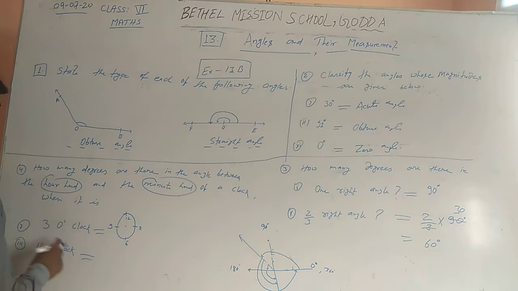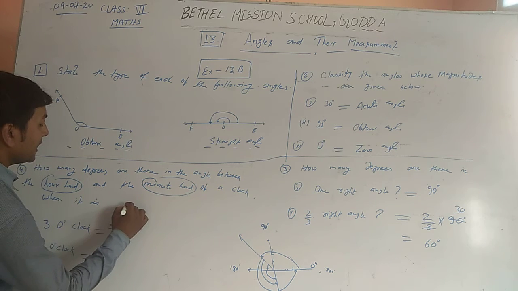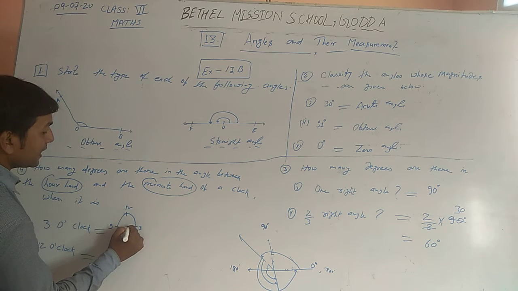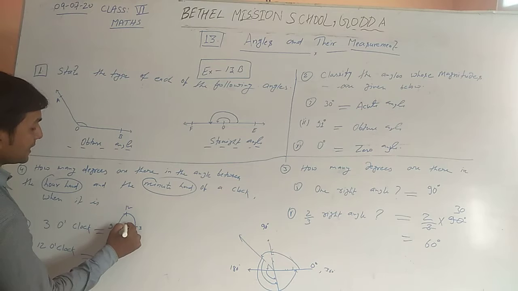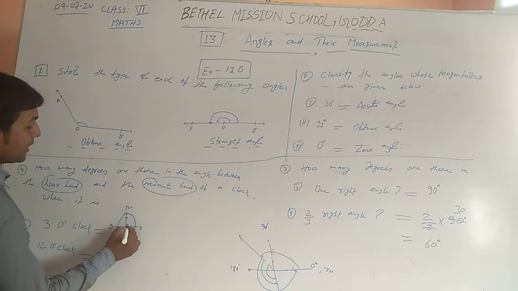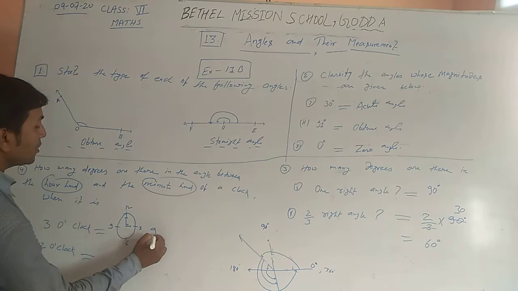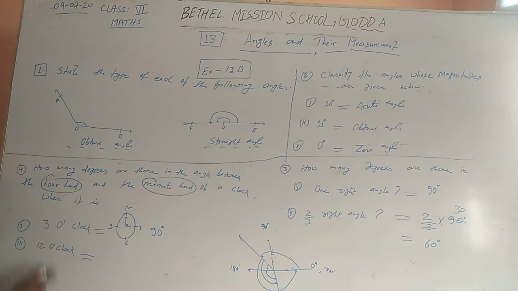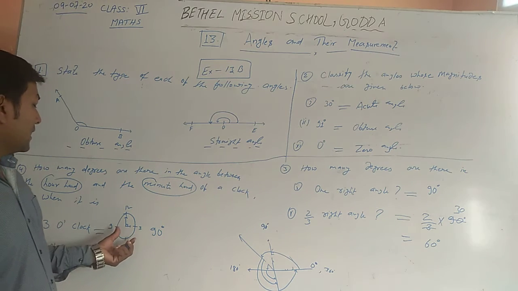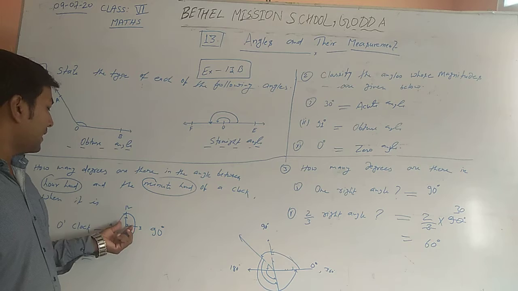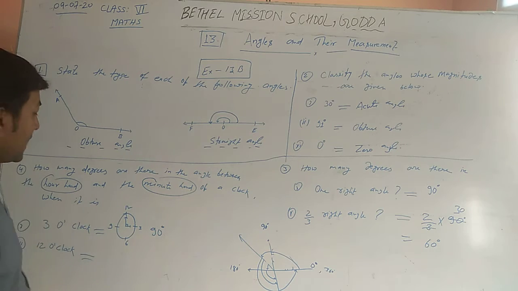At 3 o'clock, the hour hand is here and the minute hand is at 12. It makes 90 degree. At 3 o'clock, the angle between the hour hand and minute hand is 90 degree.